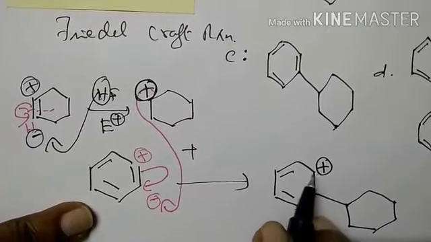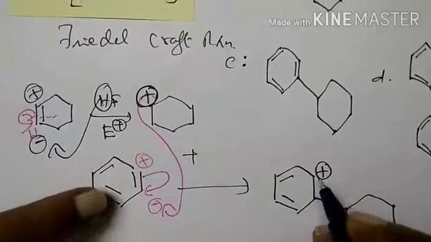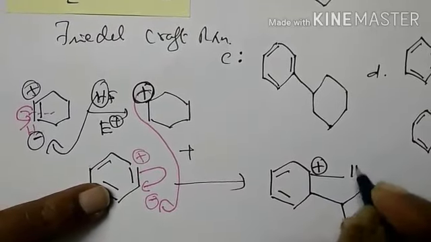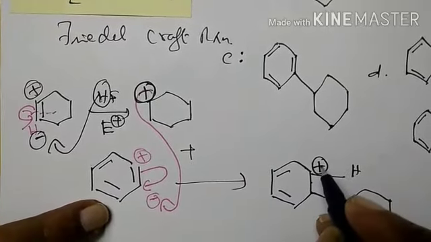Now what happened to this corner is, already this place you have one hydrogen. See the valence of carbon is 1, 2, 3 and the positive charge is there.